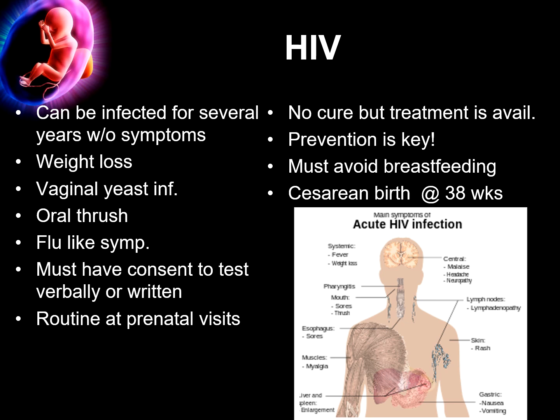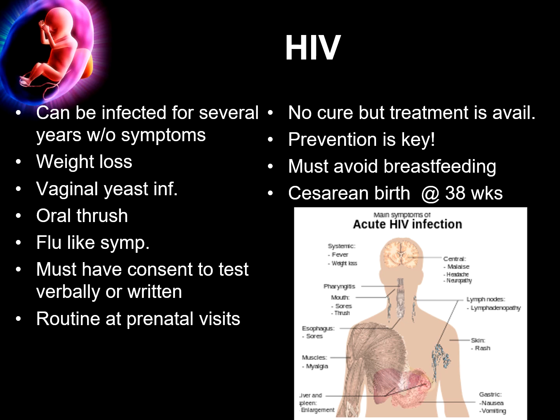Here on the screen you see that acute HIV infection includes some signs and symptoms: weight loss and fever. They may have malaise, neuropathy, headaches, and frequent sore throats, pharyngitis.